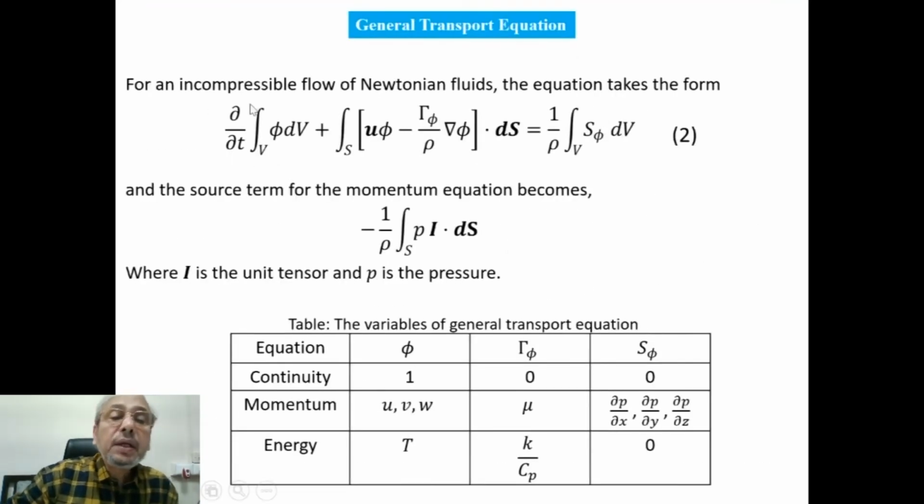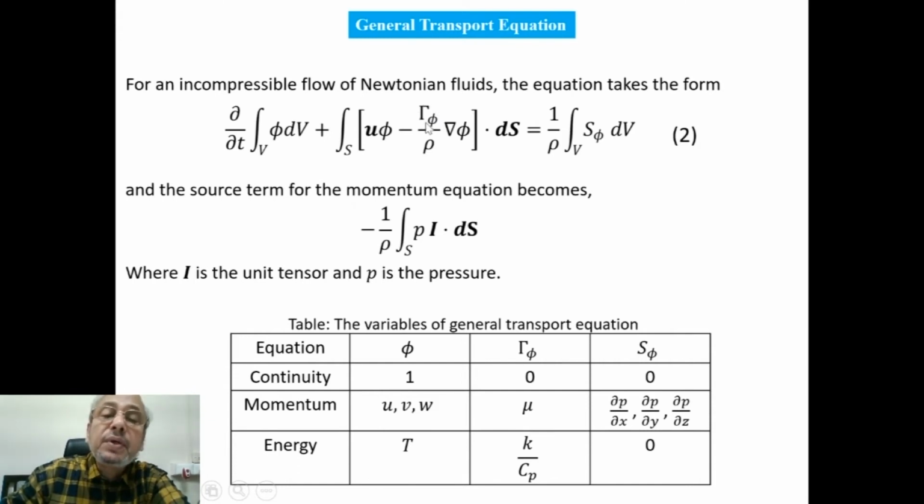Now, for an incompressible flow of Newtonian fluid, we have already written this. The general form of the governing equation we can write as del del T of the volume integral of phi dV plus the surface integral of U phi, U is a vector quantity so uppercase U, minus gamma phi, this is the coefficient of transport, momentum transport or thermal transport.